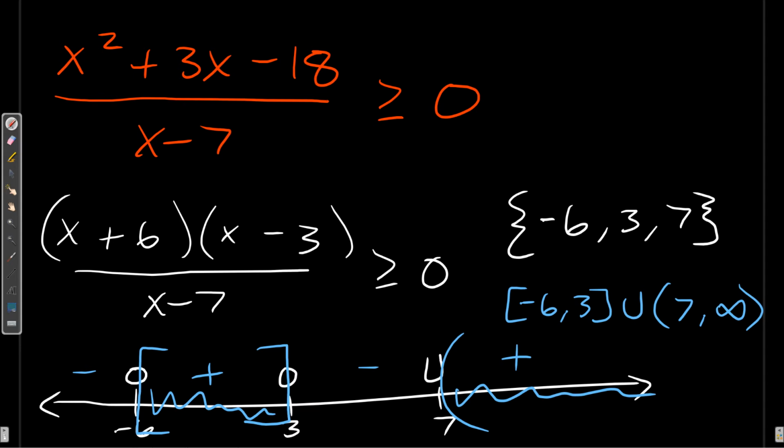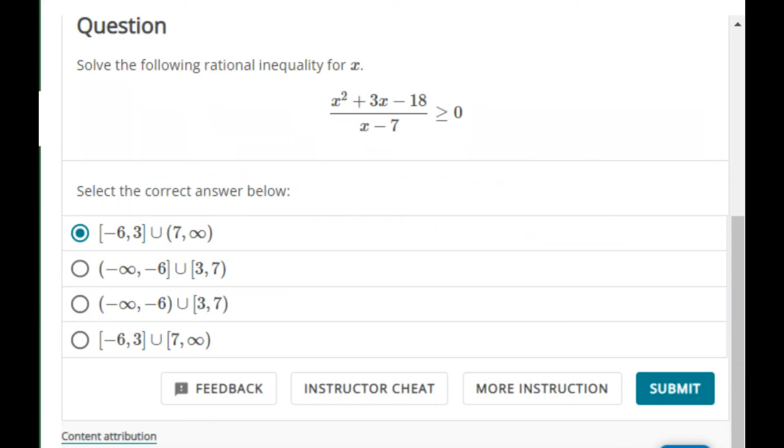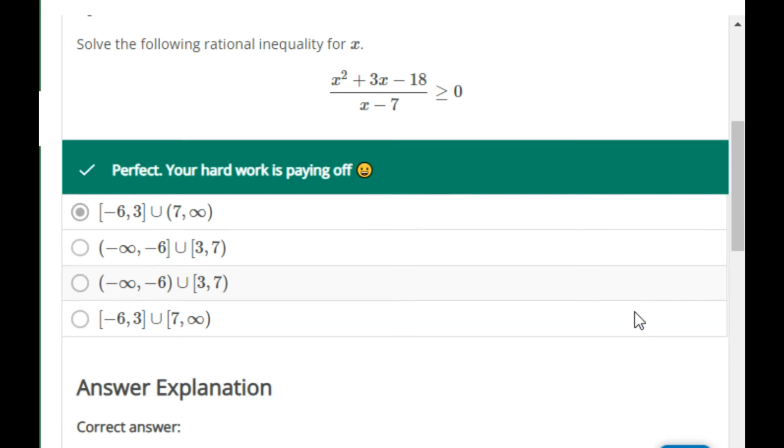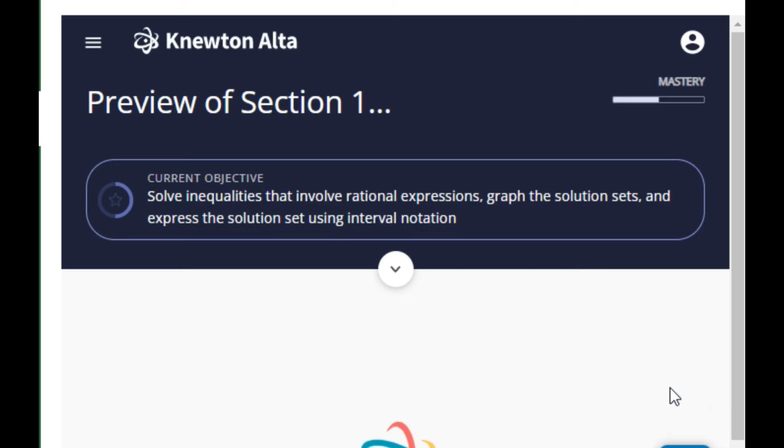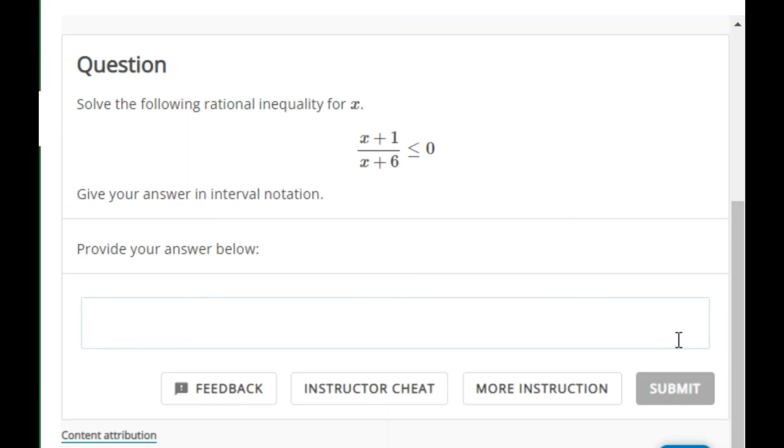And when you are on your homework, make sure you are careful not to pick the one that has the closed interval with 7. That one won't work. All right, continue. We are 50% of the way through.